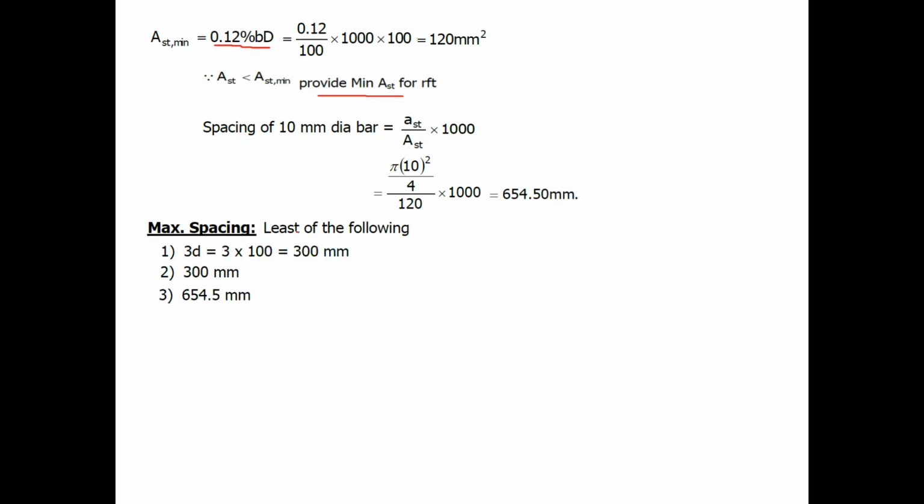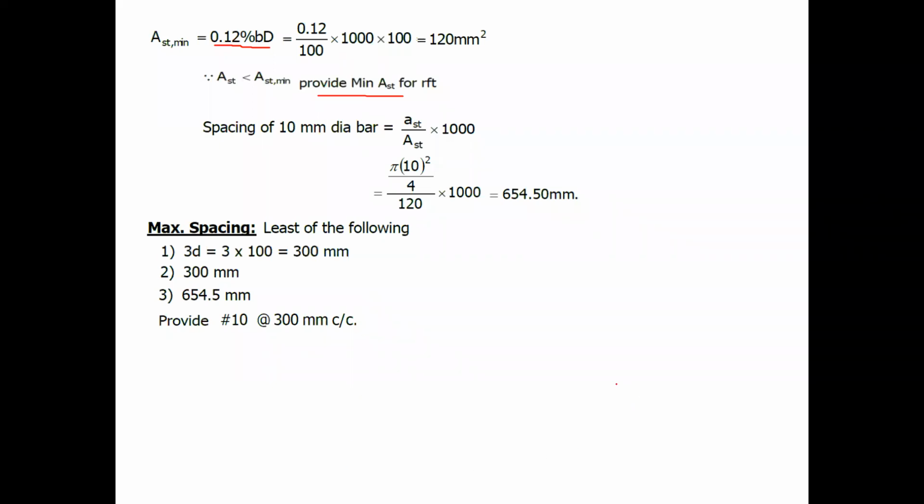Among these three you have to consider the least. Which is the least? 300 mm, right? Therefore you have to provide 10 mm dia at 300 mm center to center. Is that clear? This is for the main reinforcement. Any doubt?